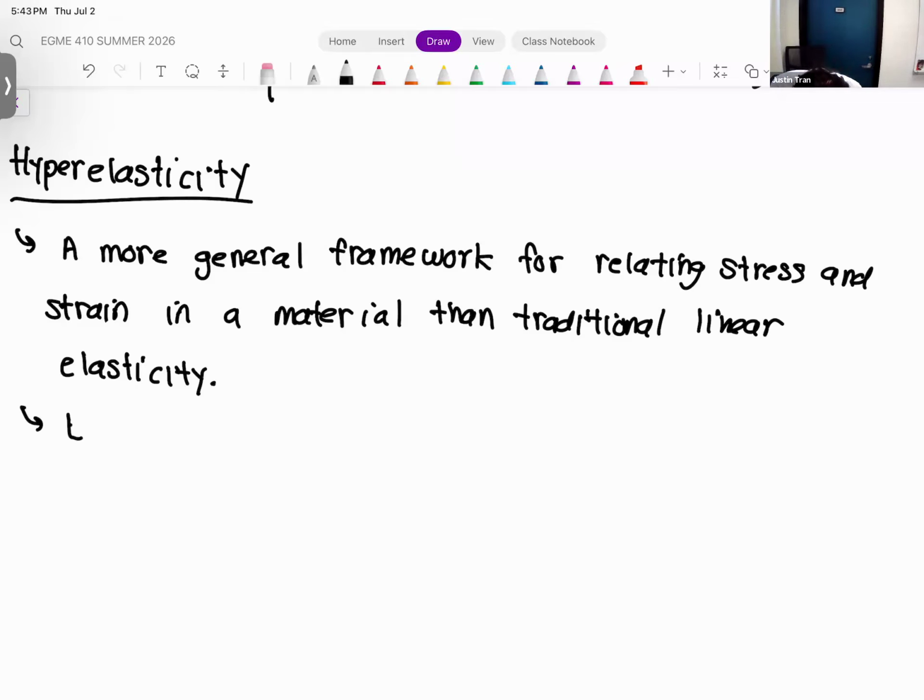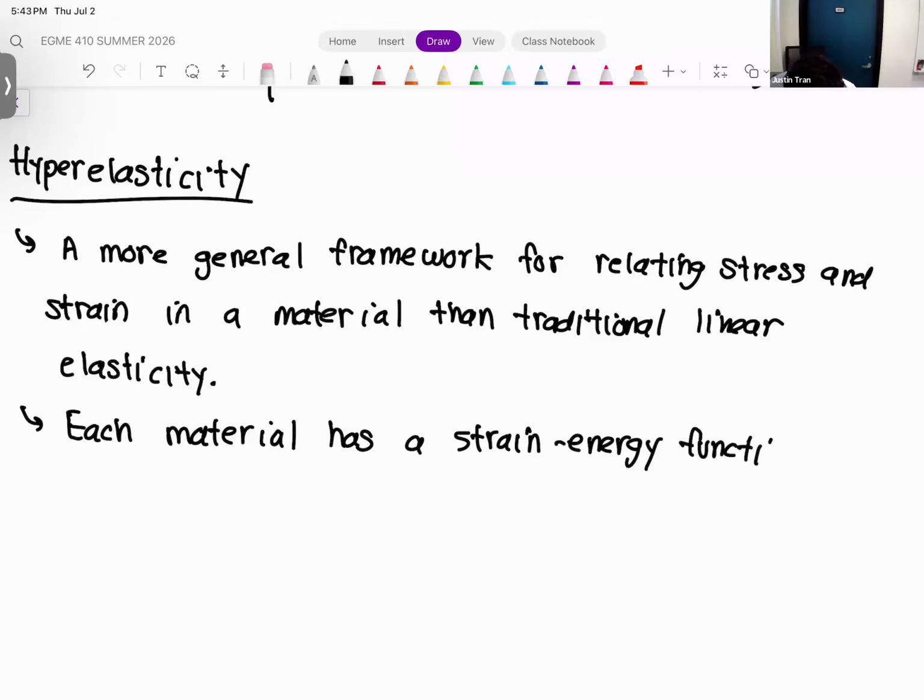You can think of that strain energy function as almost like a potential energy.